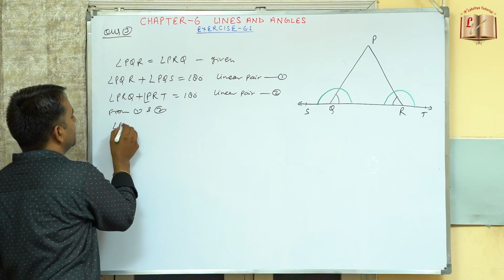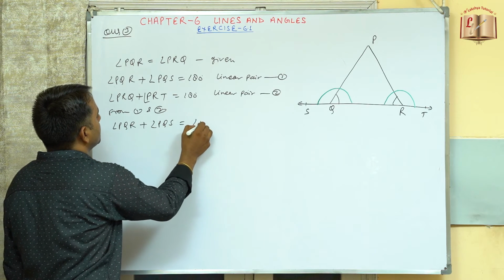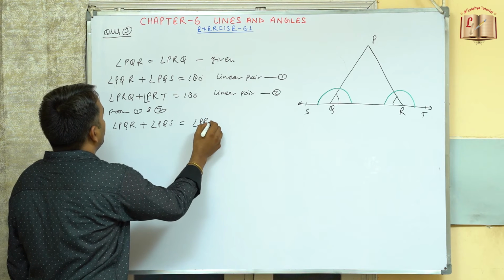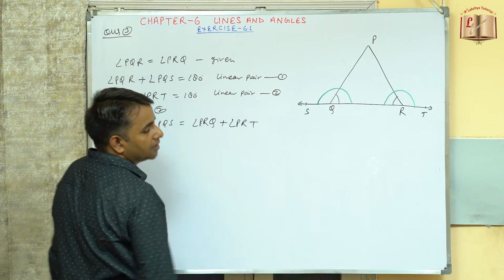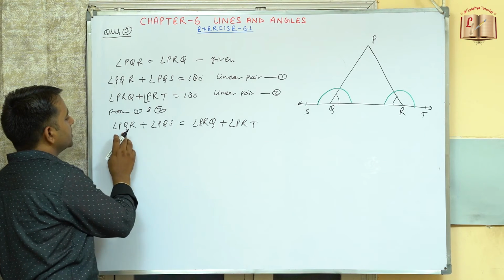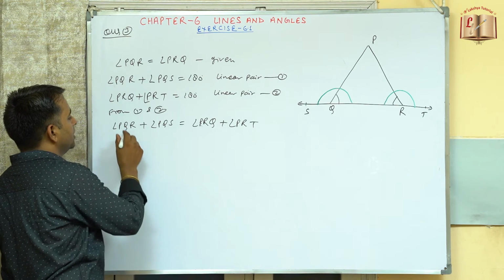So I can write angle PQR plus angle PQS will be equal to angle PRQ plus angle PRT. Now see that angle PQR and PRQ both are equal.